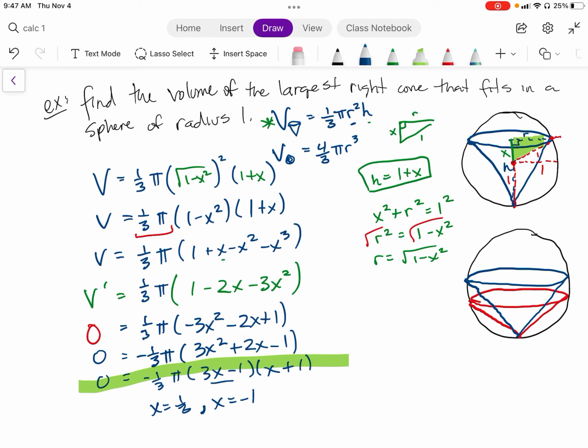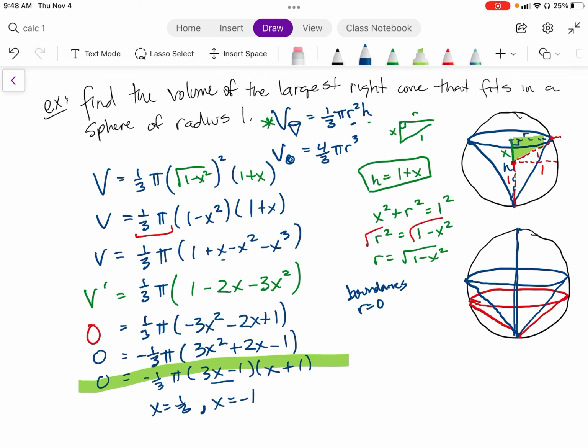But so at the boundaries, if r is 0, then h could be the entire length, but I wouldn't have a right cone. I would have a line, really, right through this equator here if I didn't have a radius.